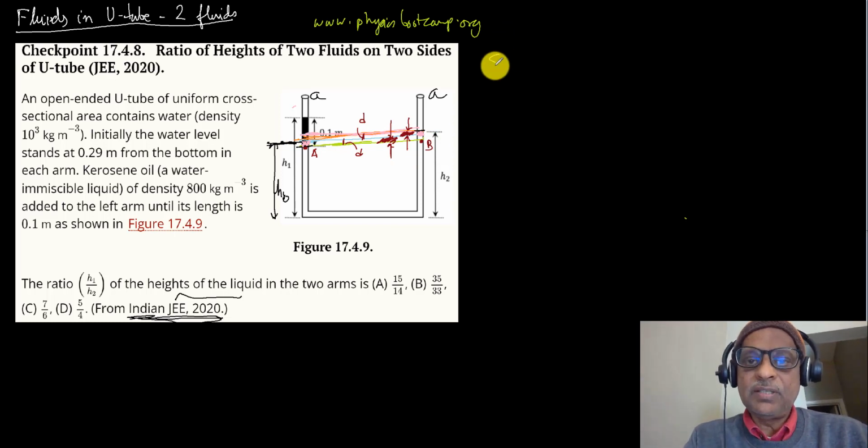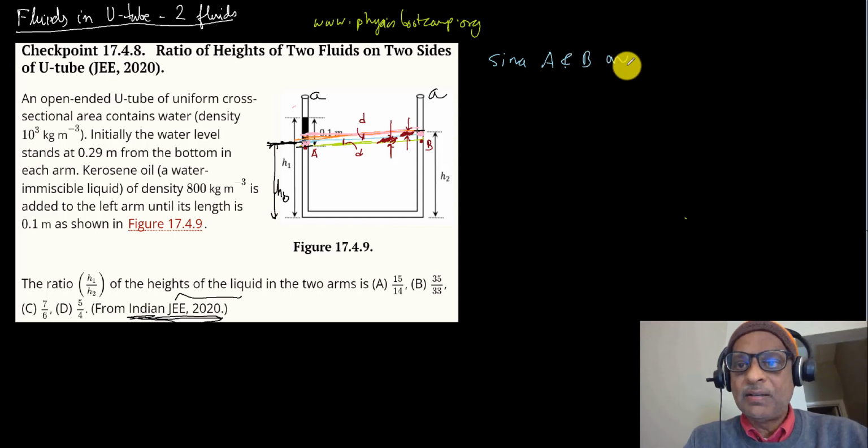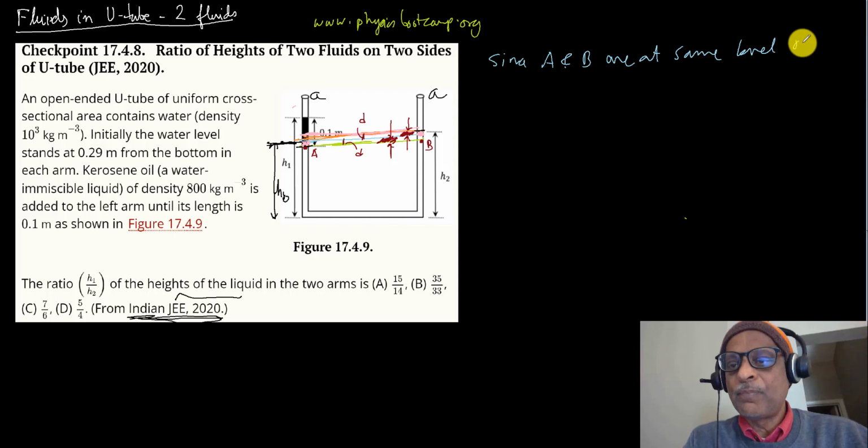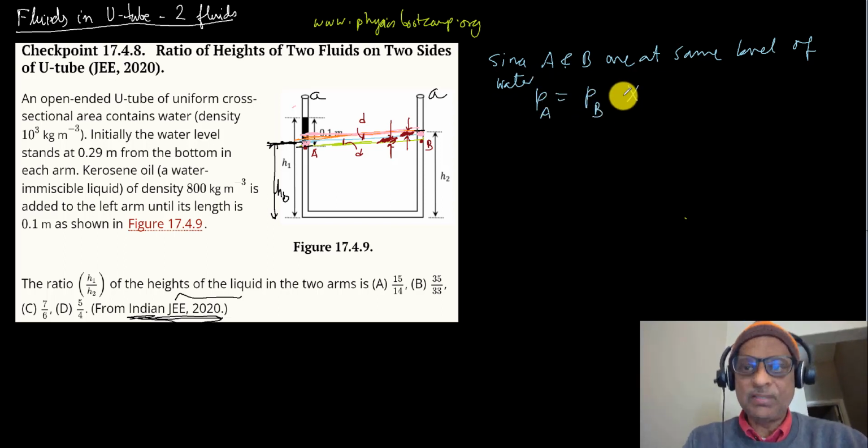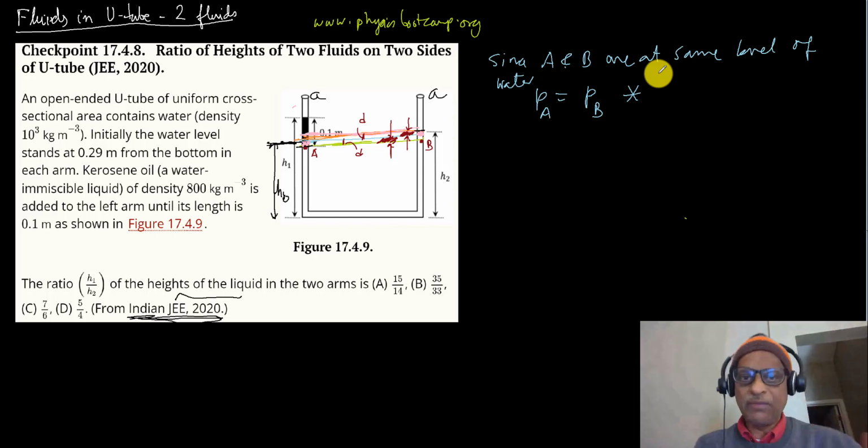And since A and B are at the same level of water, PA is equal to PB. So that is the fundamental thing you should realize. Once you realize that, everything else follows. This is the second thing to realize.